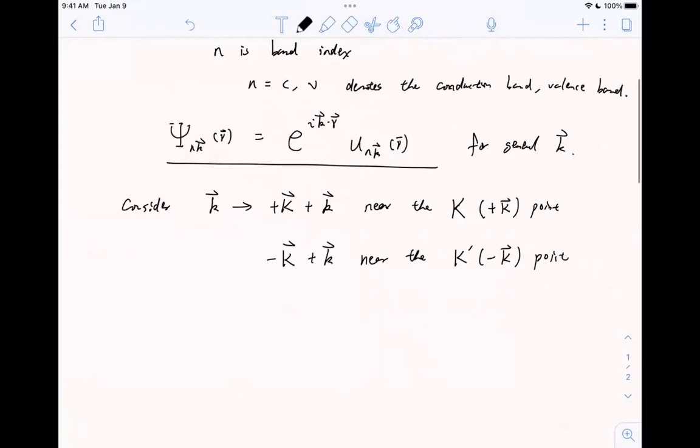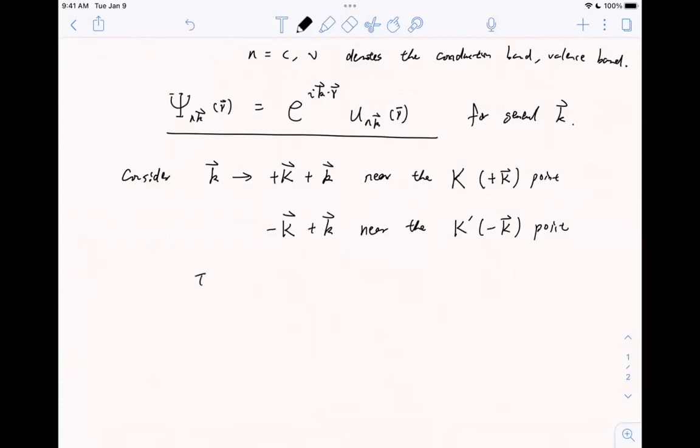It's K or K prime or plus or minus K. But when you use plus or minus K, you really mean the vector. When you use K and K prime, it's not a vector. It's just the name of that particular point, like gamma point, M point, K point. They're not vectors, okay? They're the name of the points. But when you say plus or minus K, they are vectors, okay?